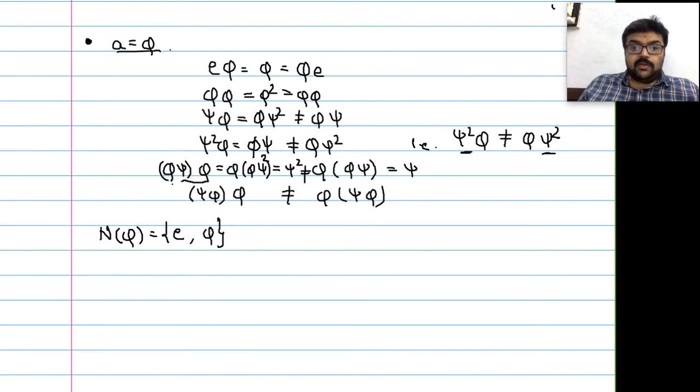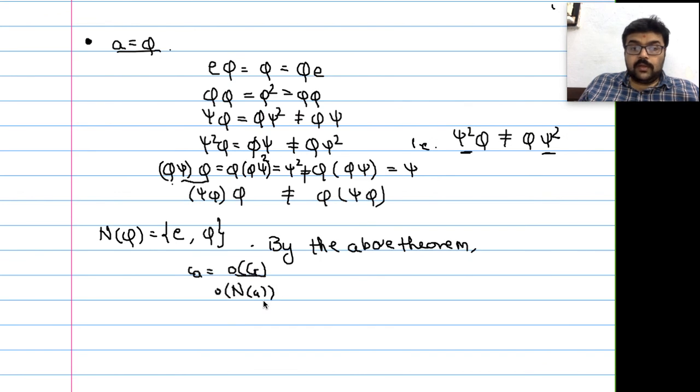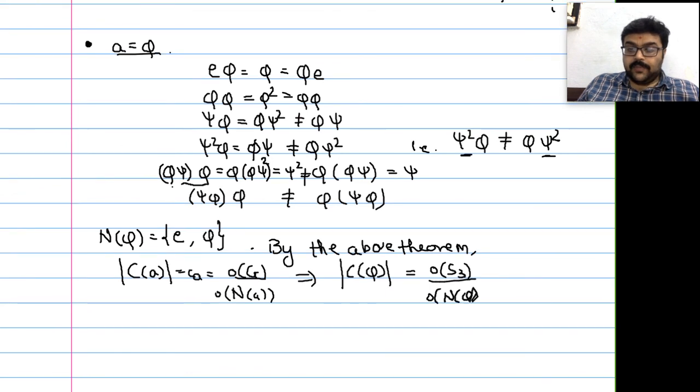So what should we expect? By the above theorem, what do we know? We know that the cardinality of C of a equals order of G upon order of N of a. So the cardinality of C of phi equals order of S3 upon order of N of phi, which is 6 upon order of N of phi.